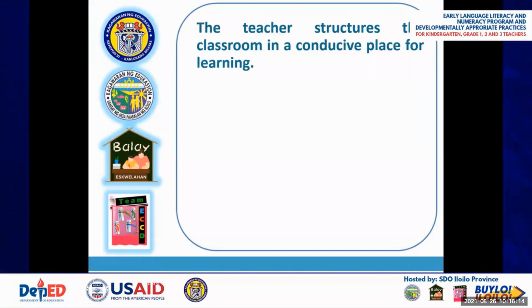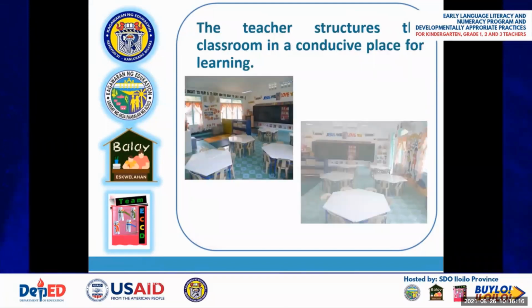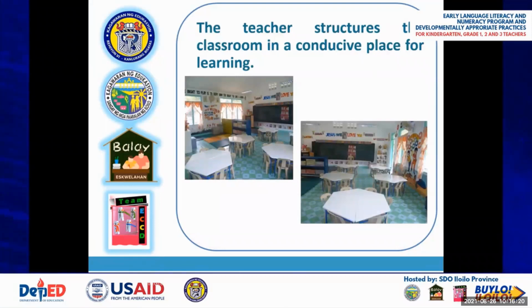The teacher structures the classroom in a conducive place for learning. As we can see in the pictures, the arrangement or structure shows equal importance. Why? Because each learner is equally important.